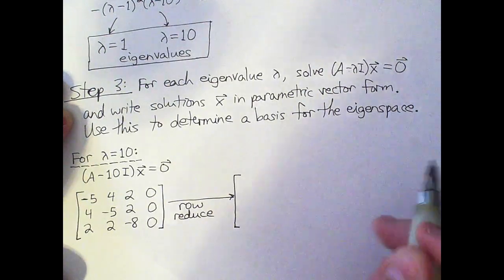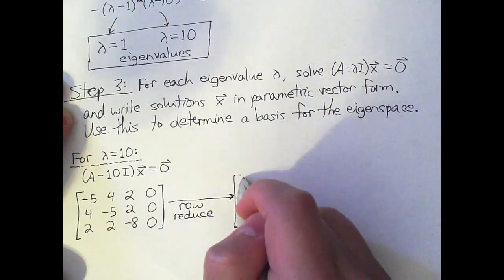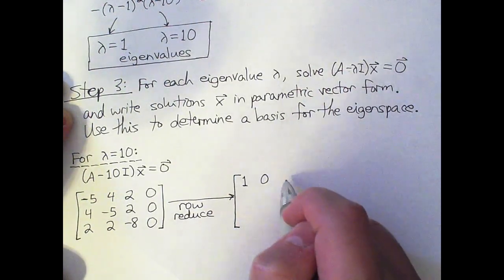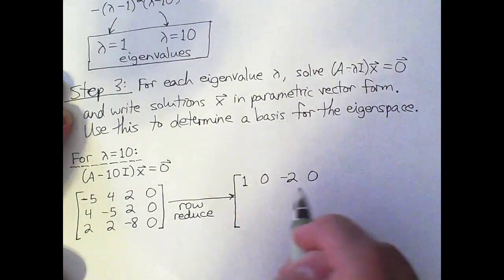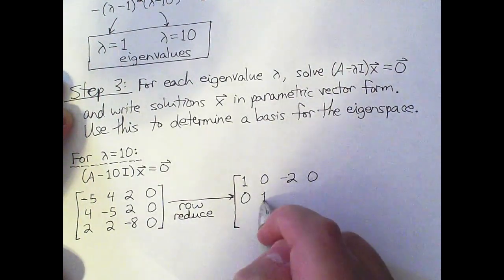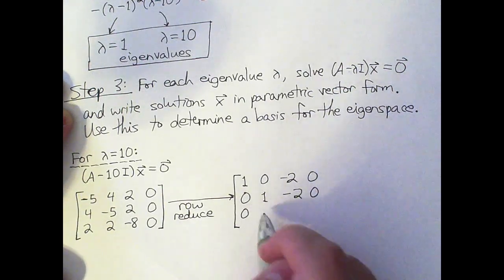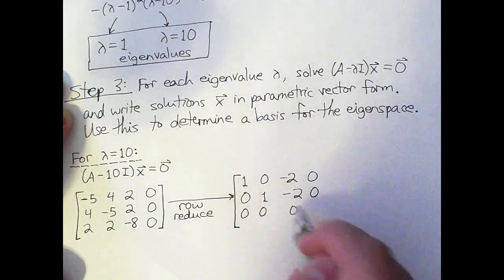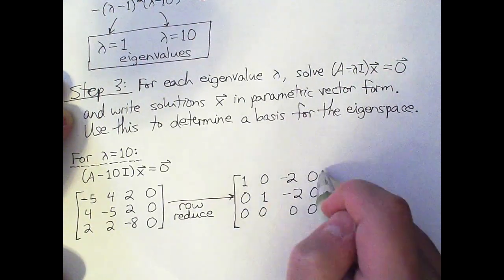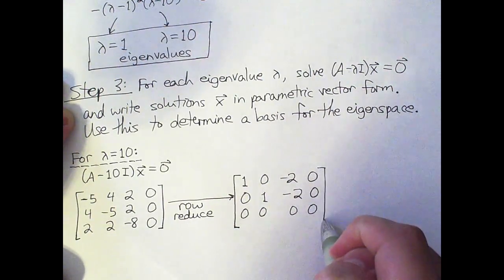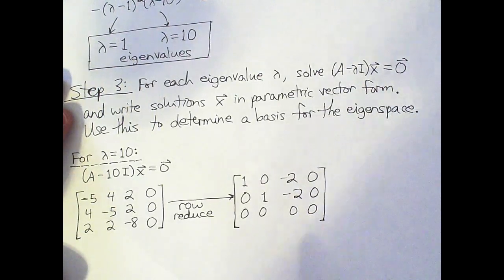I got it all the way down to 1, 0, negative 2, 0, 0, 1. You need to be good at row reduction, so practice the steps that I left out. You should get this.